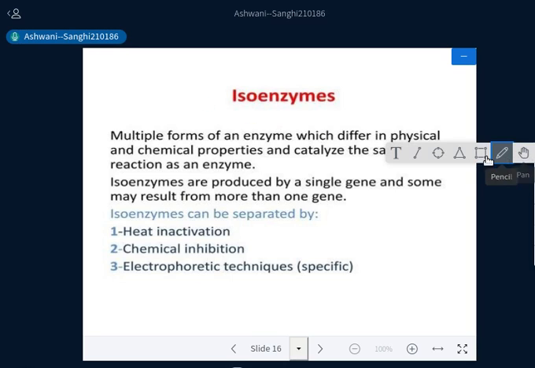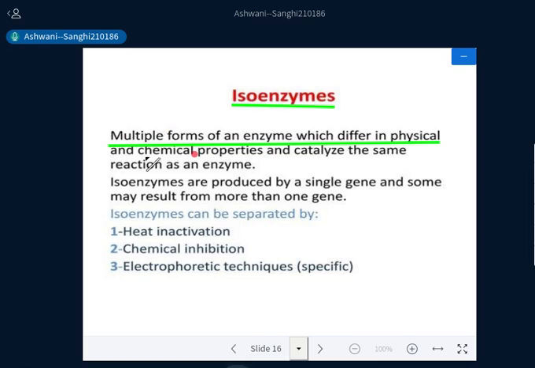Then we will also discuss one term, that is the isoenzyme. Isoenzyme means multiple forms of an enzyme which differ in physical and chemical properties and catalyze the same reaction. Isoenzymes are produced by a single gene and may result from more than one gene.